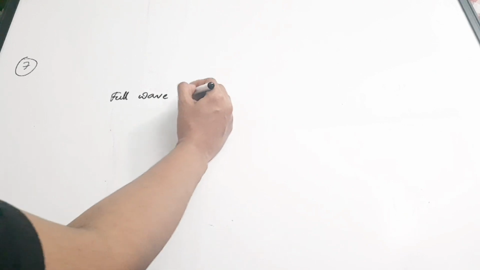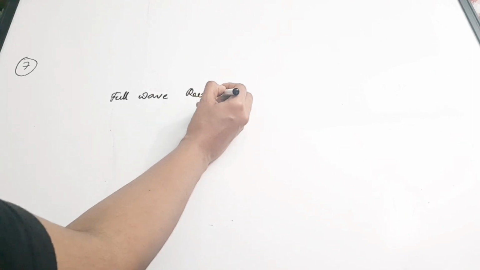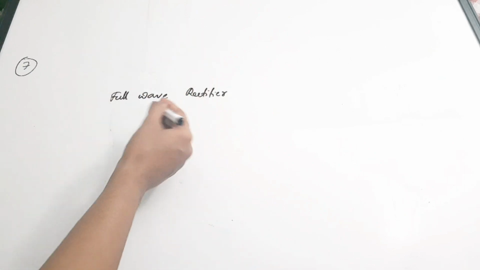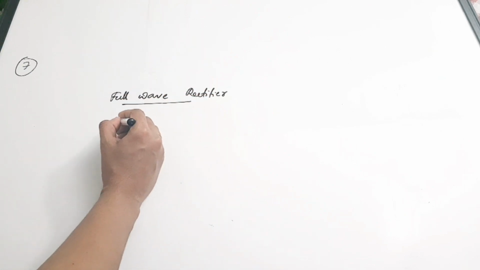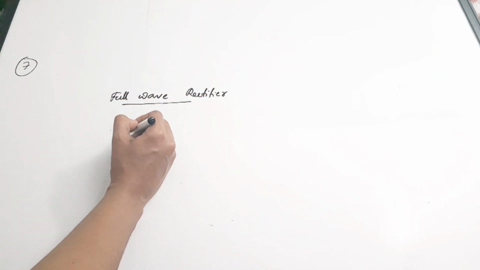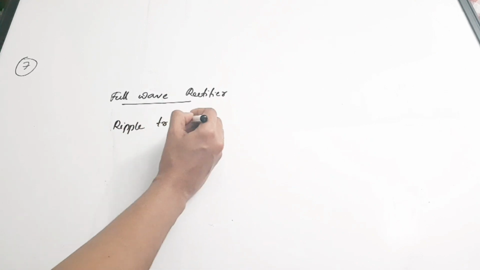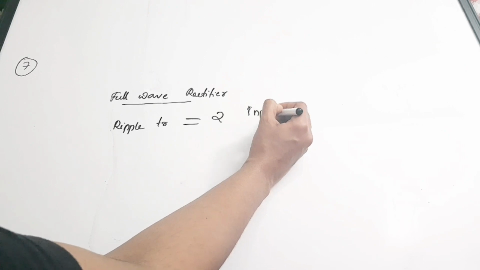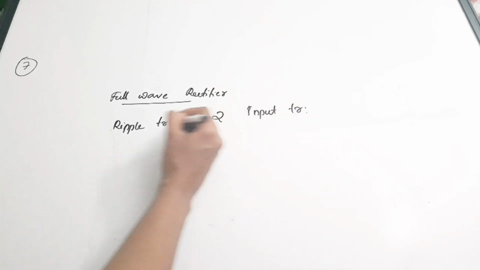This is the relation. Okay, for full wave rectifier, sorry, it is twice, not the same, it is twice. Okay, so full wave rectifier, ripple frequency is equal to twice the input frequency.